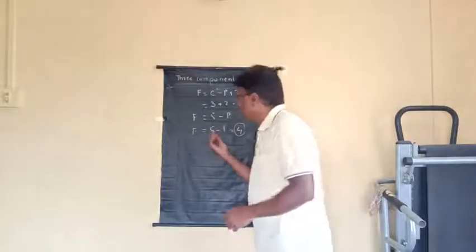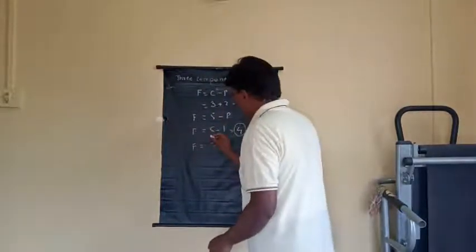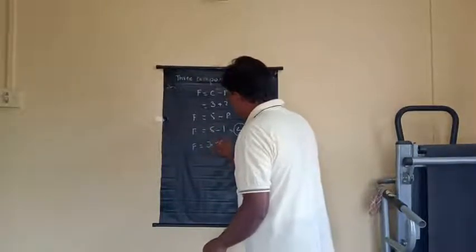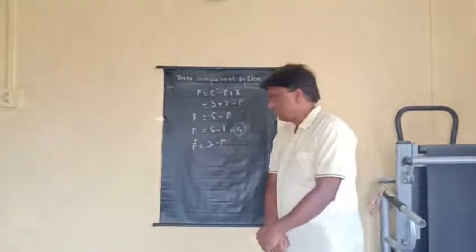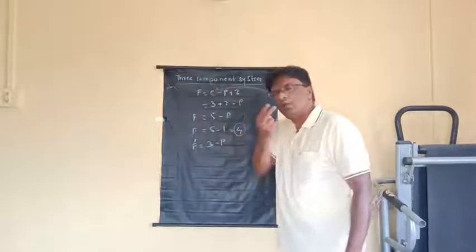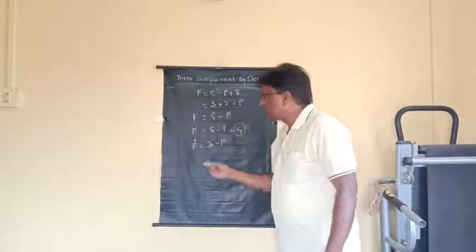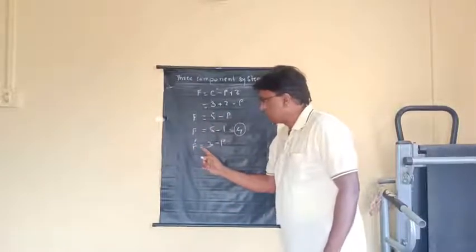And thus, if we reduce 2 variables here, then the phase rule is reduced to f dash is equal to 3 minus p. That means we reduce 2 variables, that is pressure and temperature. Therefore the reduced phase rule for a 3 component system is f dash is equal to 3 minus p.